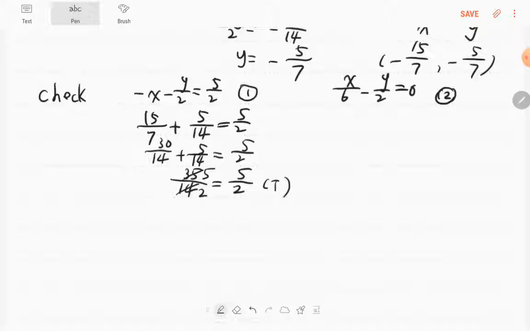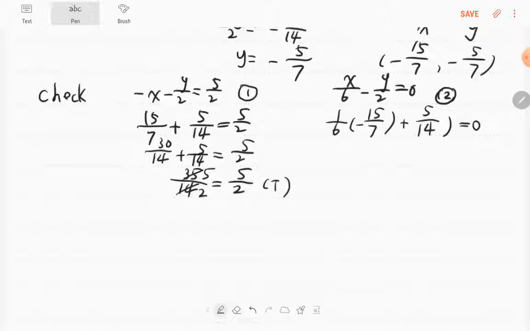Similarly, we still need to check the second equation, right? So this time we will have 6 over x over 6. So we will get 1 over 6 times, this is our x value. And negative y over 2, we will get positive 5 over 14. Let's check the left side.